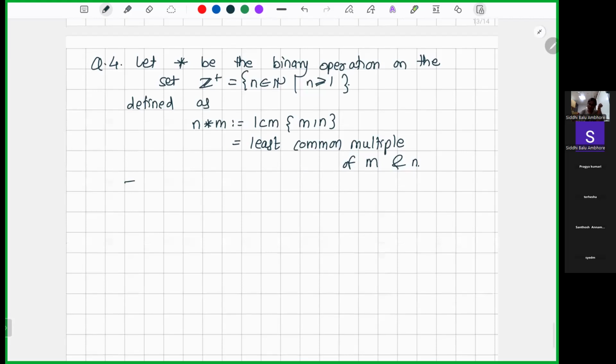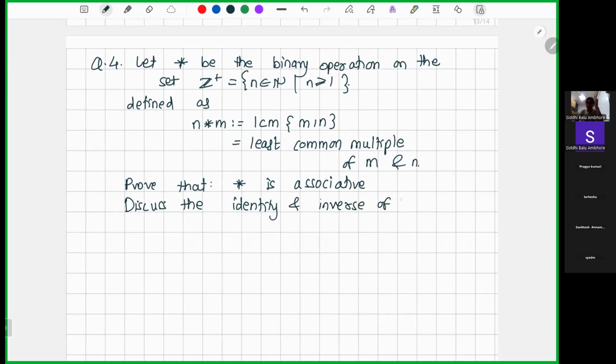And again, we have to show that this star is associative and discuss the identity and inverse of star on Z plus.